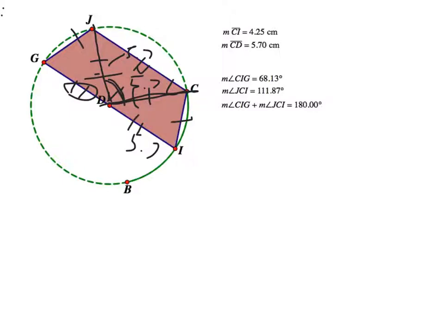So we know that these are 45-degree angles right here, which means that we can use our formula for a 45, 45, 90 triangle. So 5.7, if we label this h, 5.7 divided by root 2 is equal to h.